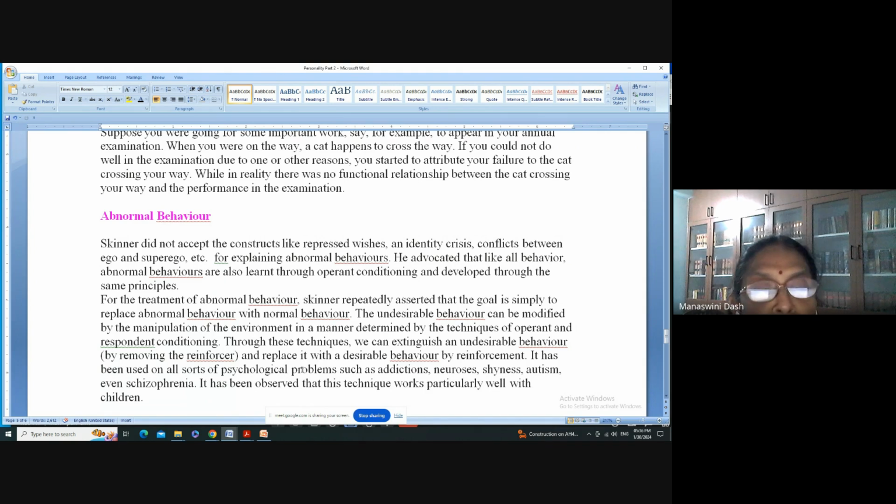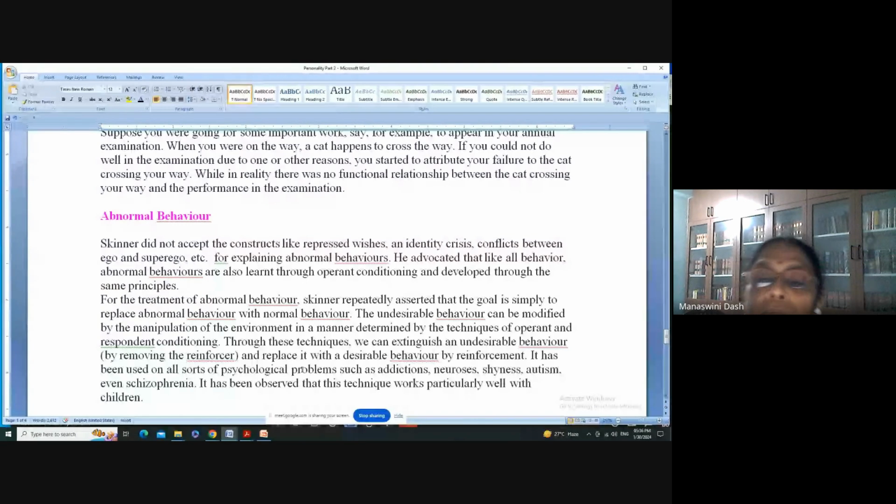For the treatment of abnormal behavior, Skinner repeatedly asserted that the goal is simply to replace abnormal behavior with normal behavior. So the undesirable behavior can be modified by the manipulation of the environment.